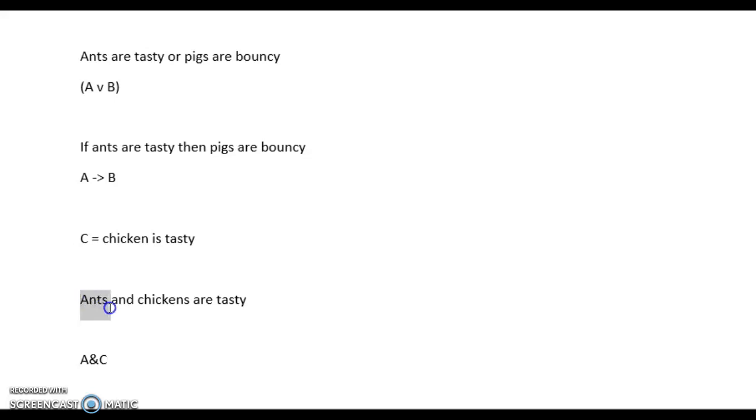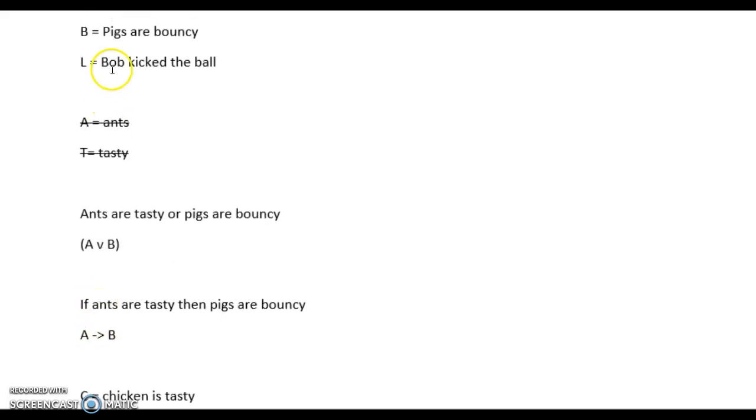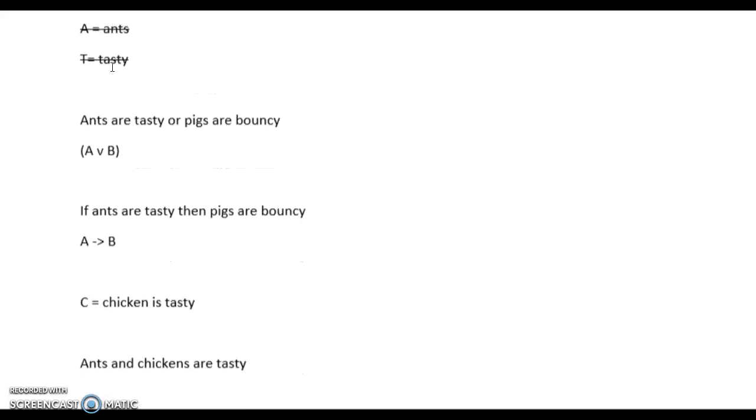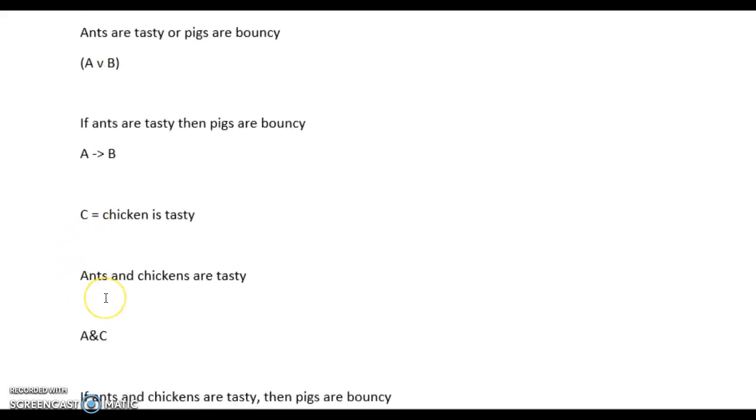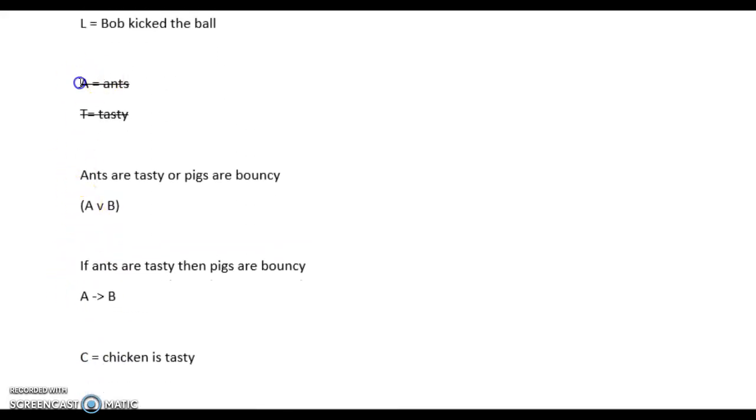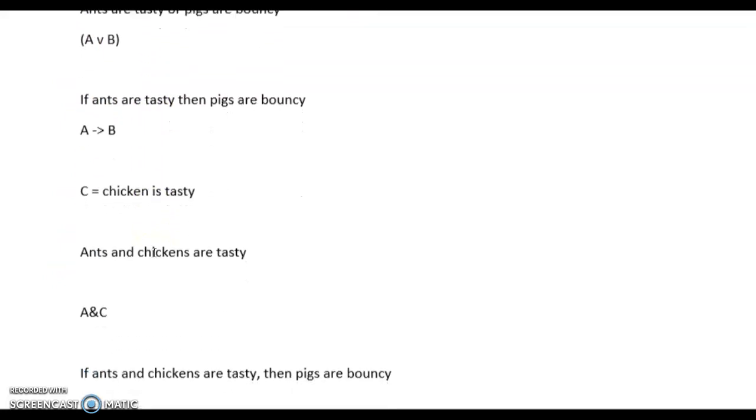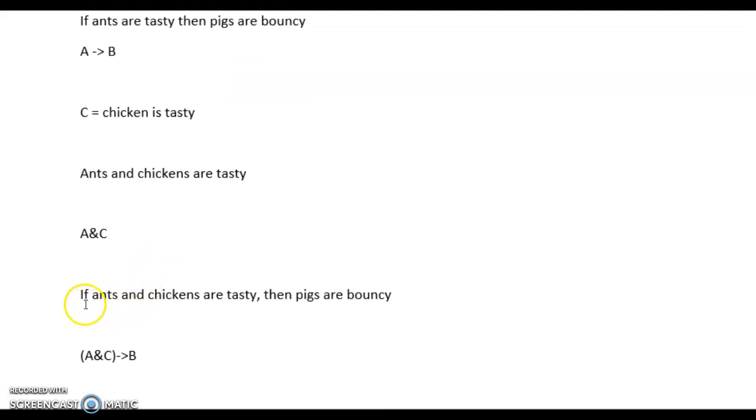So this ants here still refers to this original symbol, ants are tasty, and not say something like this, which is A equals ants. Don't do that, right? Remember, don't do that, A equals ants. And then if we want to make a bigger sentence, like if ants and chickens are tasty, then pigs are bouncy, then we would say A and C. Okay, so these are inside of parentheses, right?